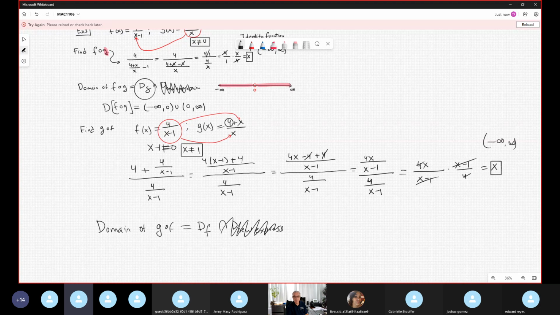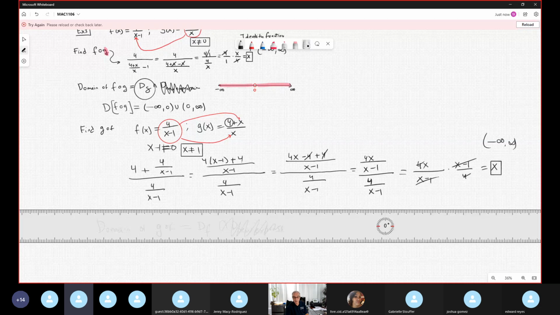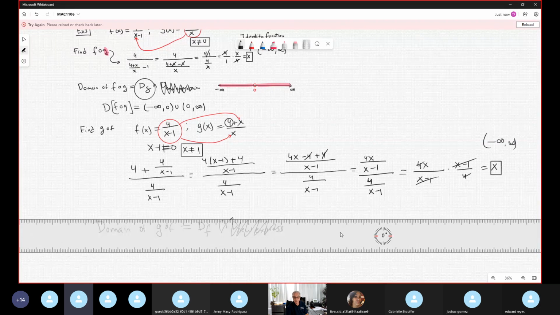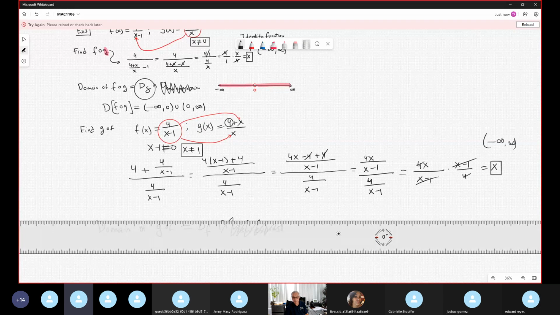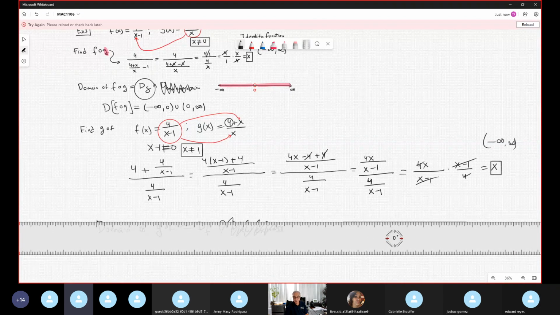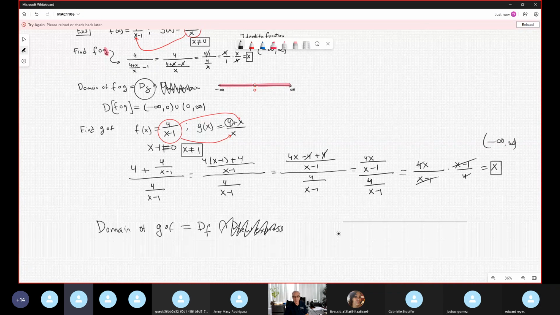The rule again: the bad guy is 1. All real numbers, 0 in the middle, the bad guy is 1. And at 1, I know very well that we have a hole, and the rest is okay.